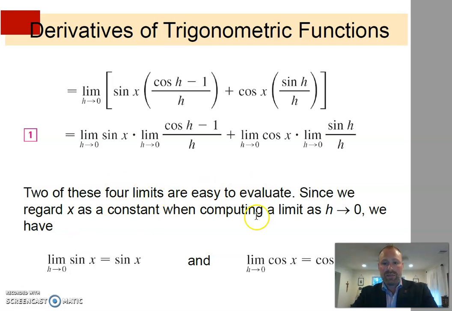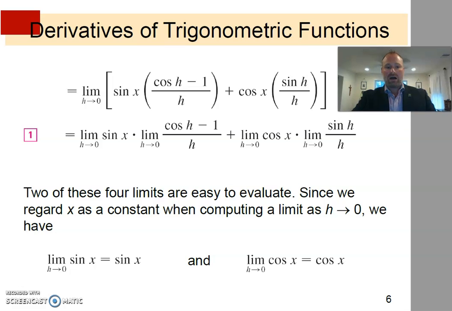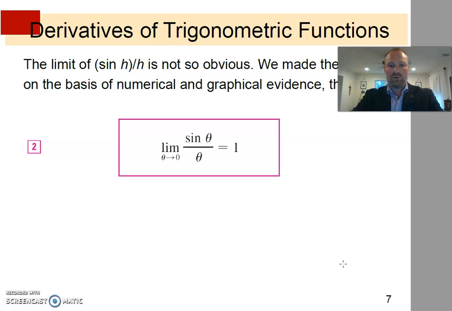So two of these four limits are very easy to evaluate. The first one is the limit as h approaches 0 of the sine of x is always going to equal the sine of x. And the limit as h approaches 0 of the cosine of x is always going to equal the cosine of x.